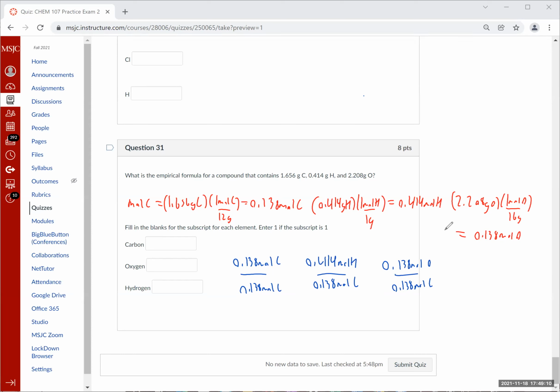So then, in turn, this will simplify to 1 mole of carbon, 3 moles of hydrogen, and 1 mole of oxygen, which gives us C1H3O1. Does this example make sense to everyone? Yes.